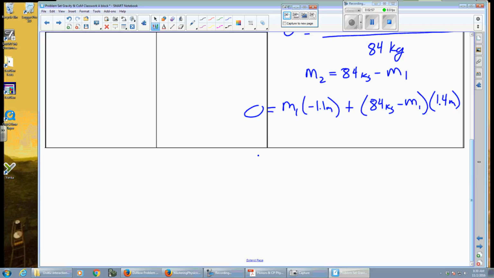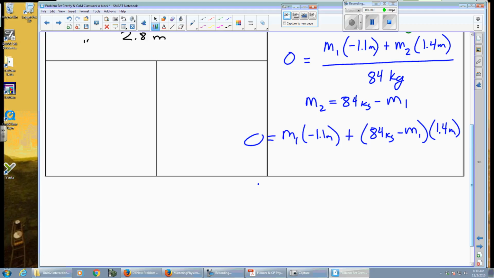Right? And now I have 1 equation, 1 unknown. Happy days. It's algebra now. And so solve that for M1.